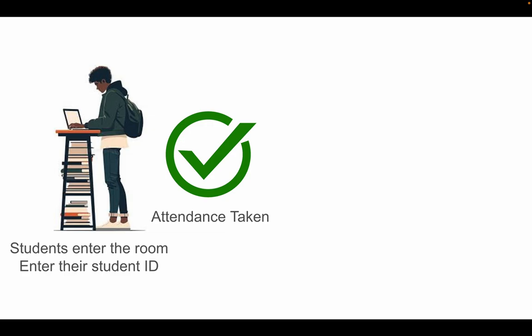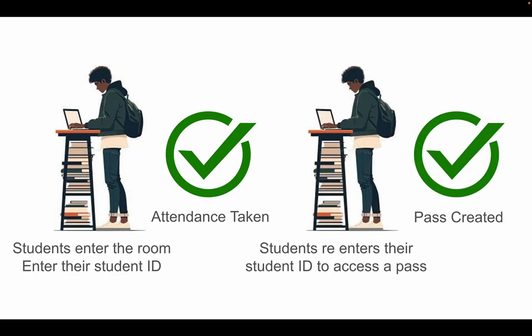So let's just talk about attendance. Imagine students entering your classroom, entering their ID into a laptop or a computer or an iPad that you set up like a kiosk, probably by the front of your room. Students walk in, they enter their student number, boom, attendance is taken. Now you're teaching.